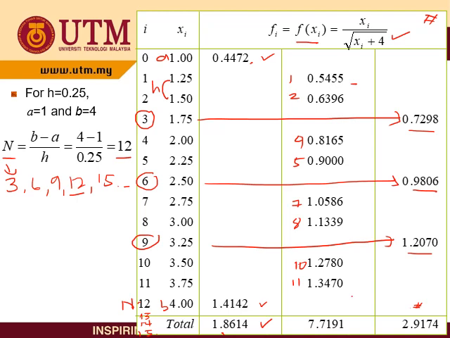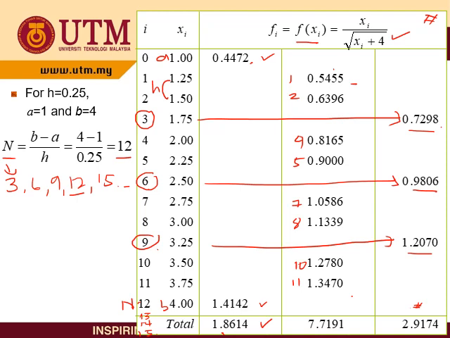That's the difference between 3/8 and 1/3. For 1/3, you just use odd and even. But for 3/8, the multiples of 3, 3, 6, 9, go in the third column, and the other numbers, 1, 2, 4, 5, 7, 8, 10, 11, go on the second column.